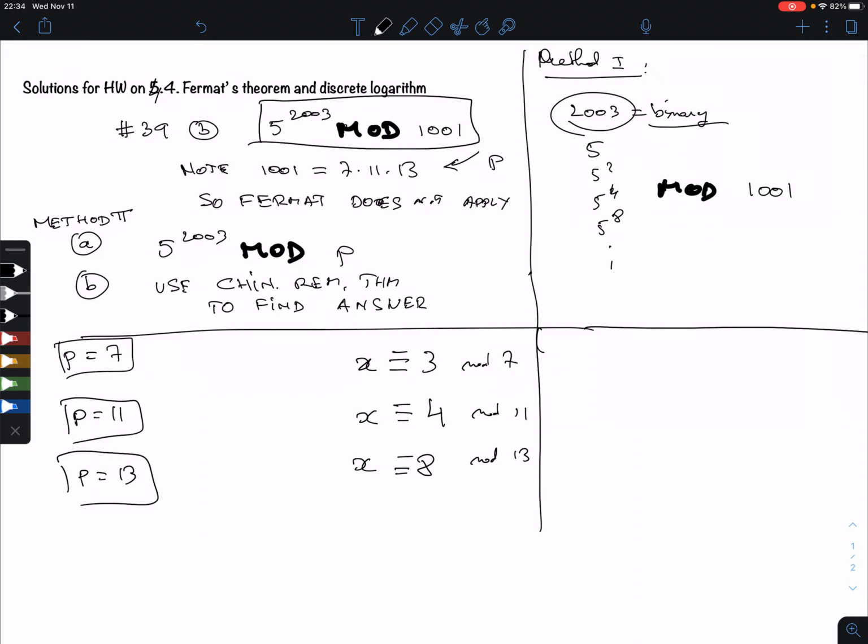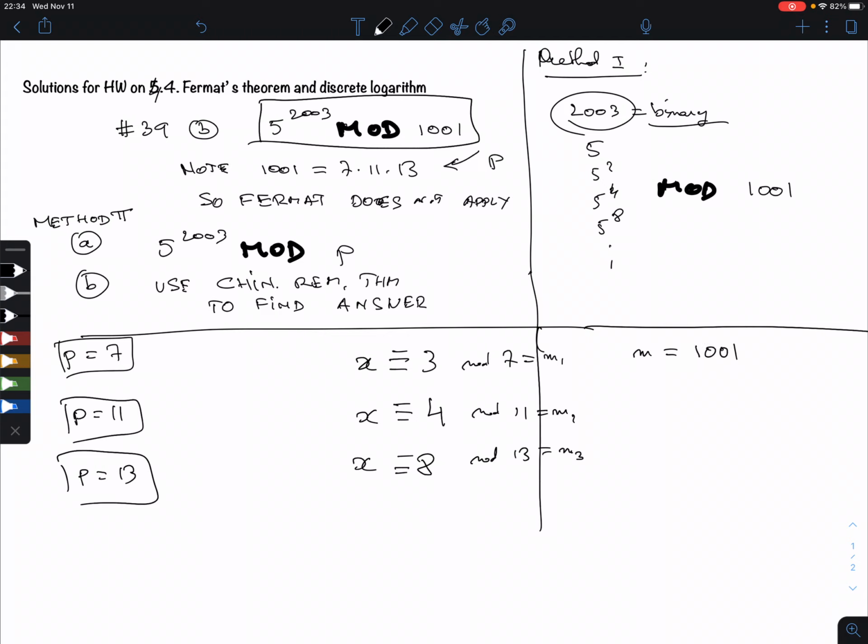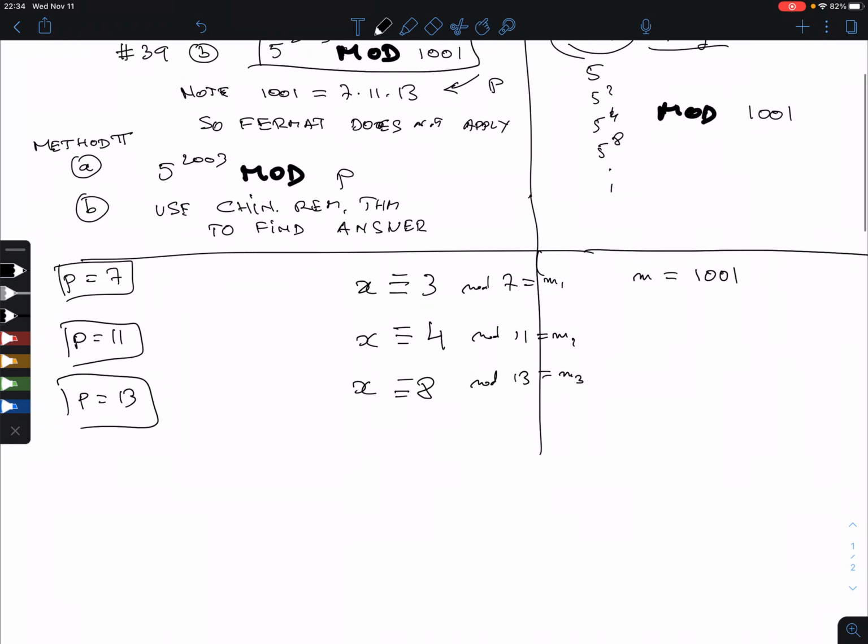That's M1, this is M2, and this is M3. What else do we need? We need M, the product of these things, but that we know already. That's 1001. That's exactly what we want, right? We know that this system of equations has a unique solution, that is equivalent to x mod 1001.